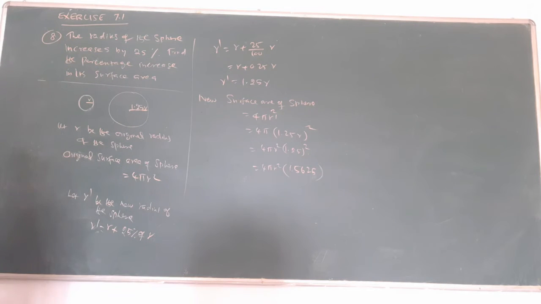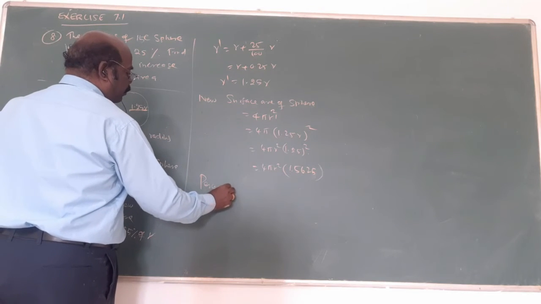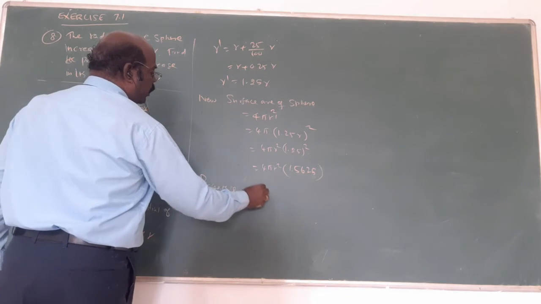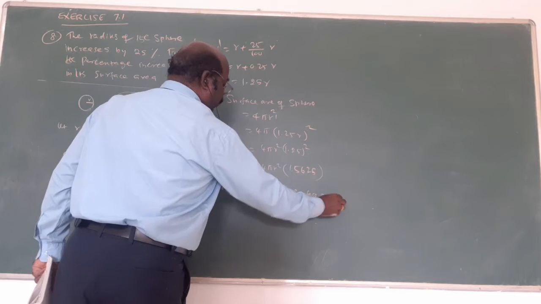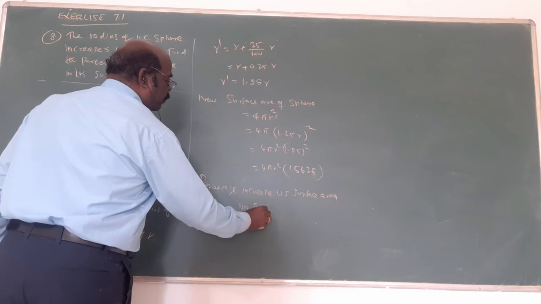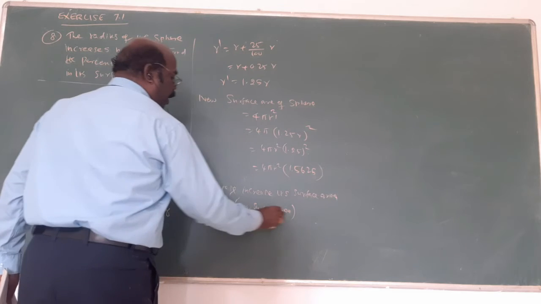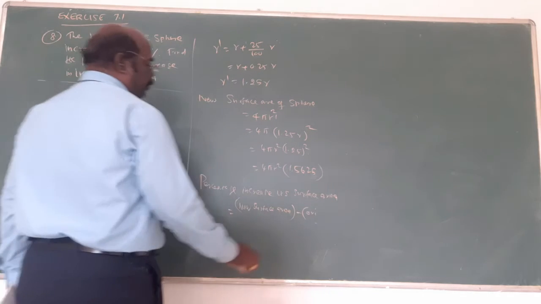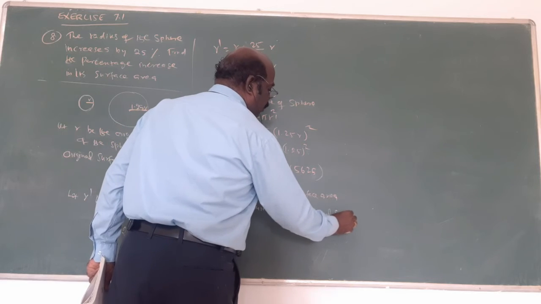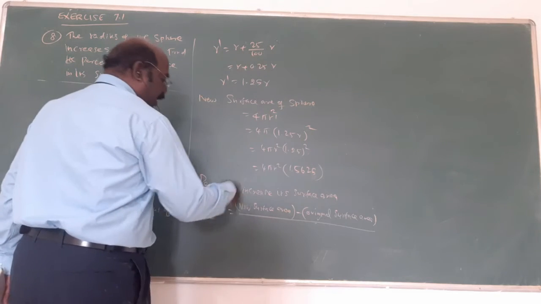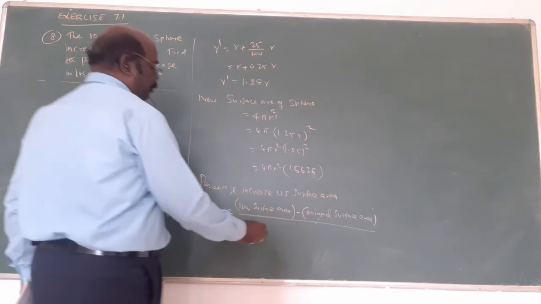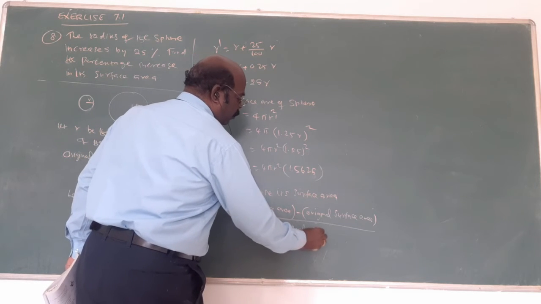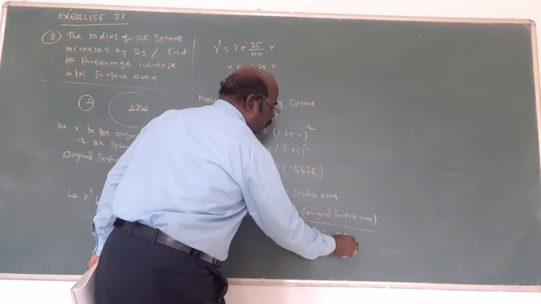Okay? Now what is it asking? The percentage increase is asked. So the percentage increase in its surface area is equal to the new surface area minus the original surface area, to find the difference, divided by the original surface area, into 100.